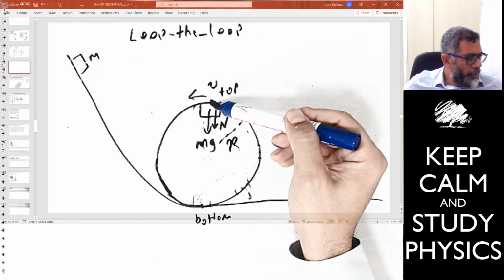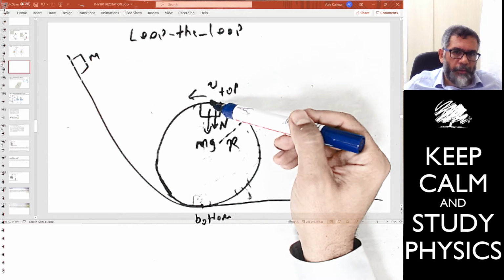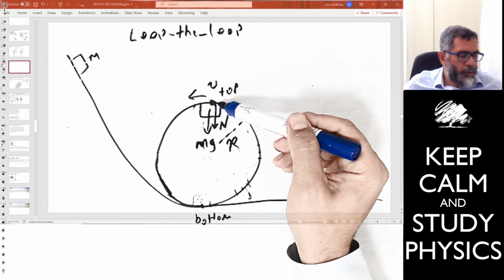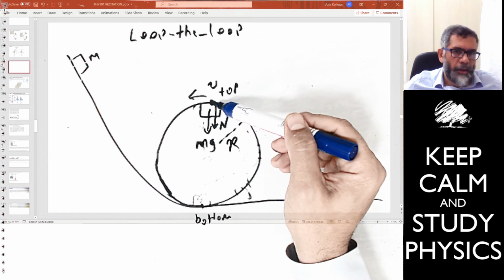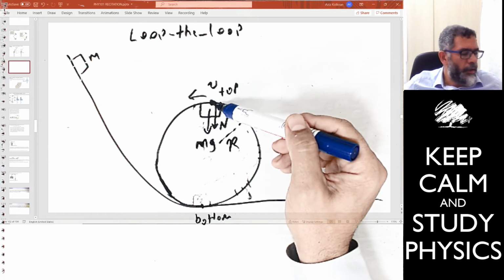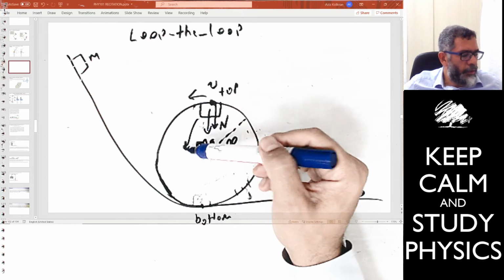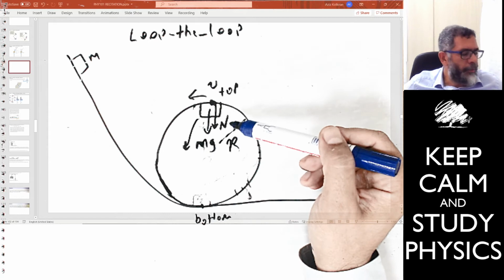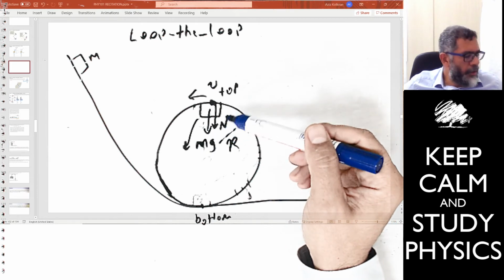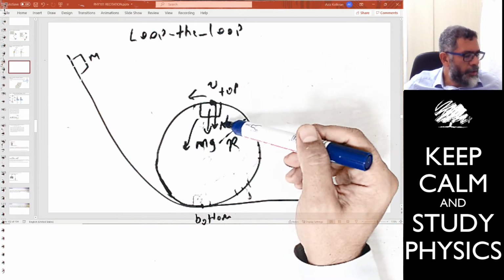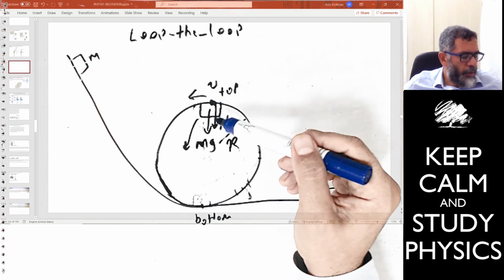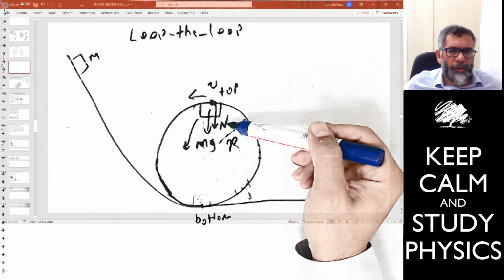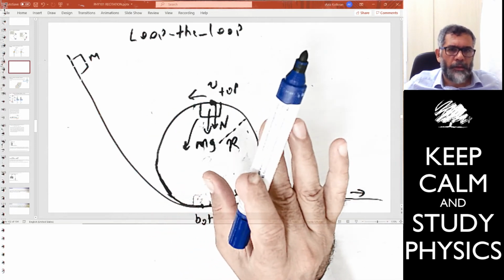But if the speed at the top is very low, there is a danger that the object loses contact with the road, that means the object will fall down in free fall. We don't want this to happen. If there is still some contact between the object and the road, that means the normal force is not zero.